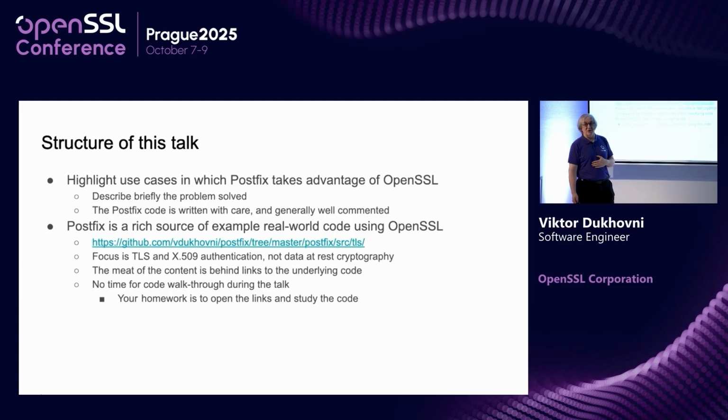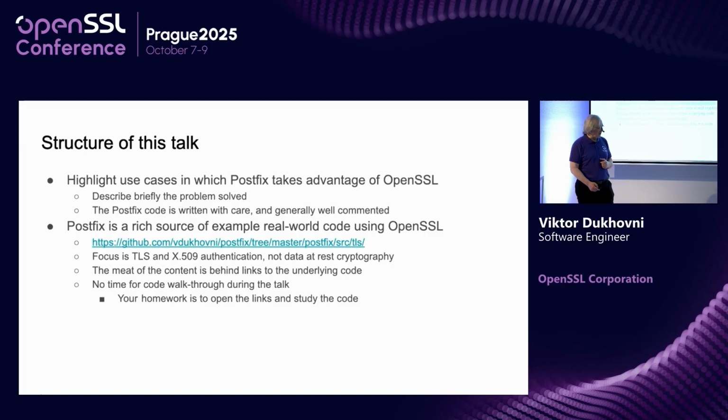And so you should be able to learn from it. It's going to be a better set of examples than some of the OpenSSL demos from which you might also learn how to use OpenSSL because it's production code, it's better commented, and it's actively maintained and used rather than just being demo code. So this is a good place to learn from, in my opinion.